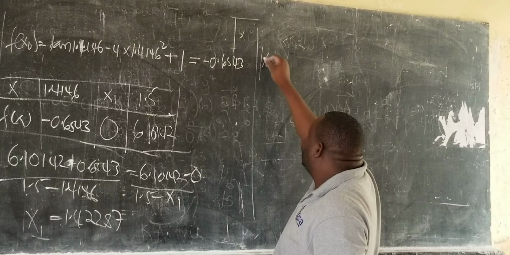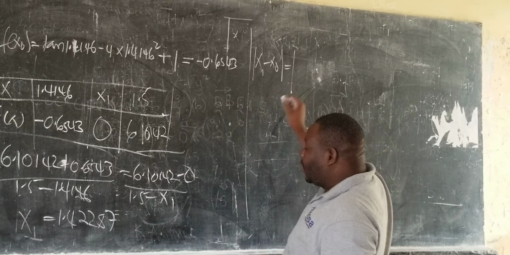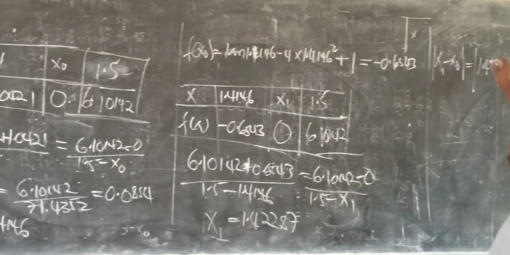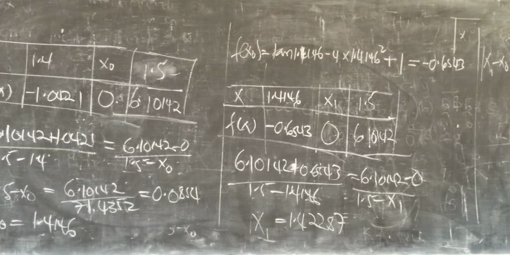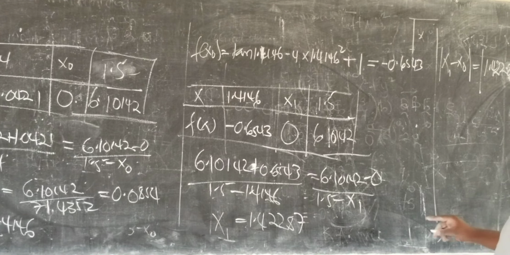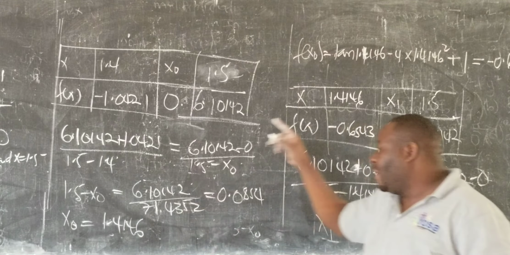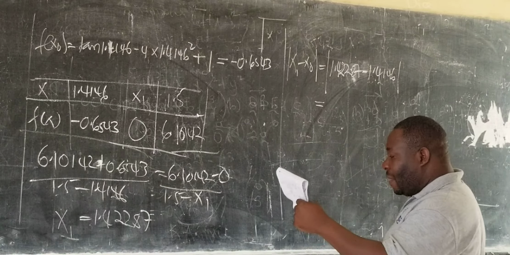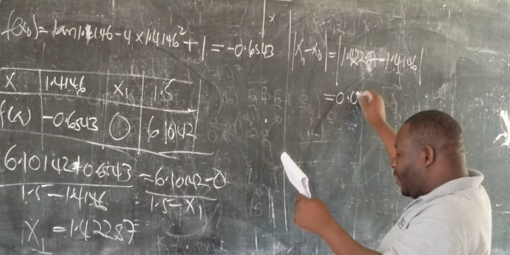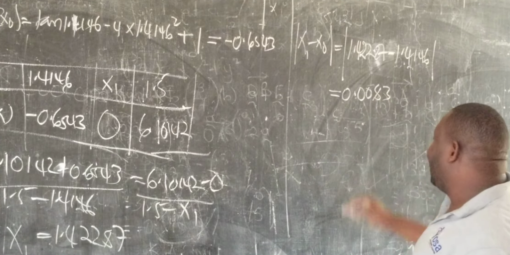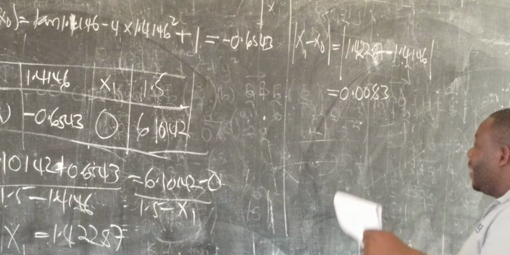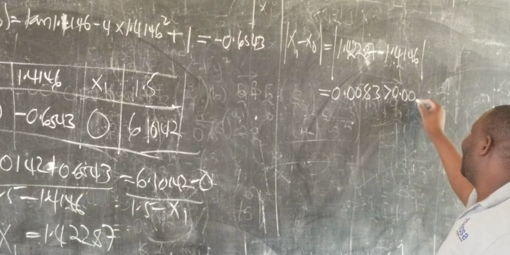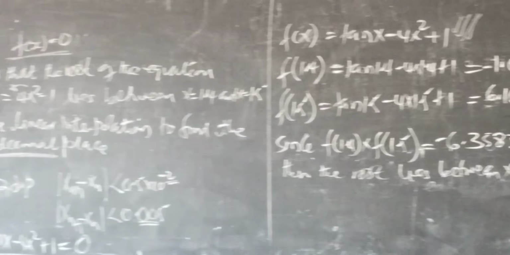So x1 minus x naught is equal to 1.42287 minus 1.4146, and the difference is 0.0083, and this one is still greater than 0.005.